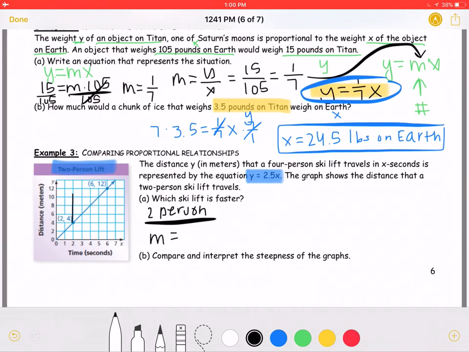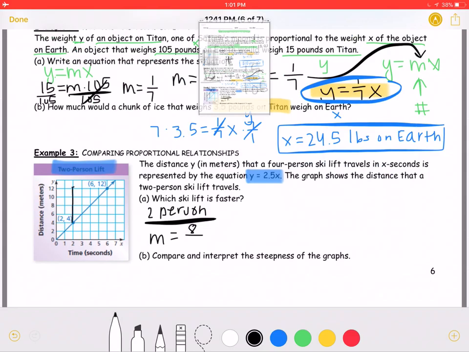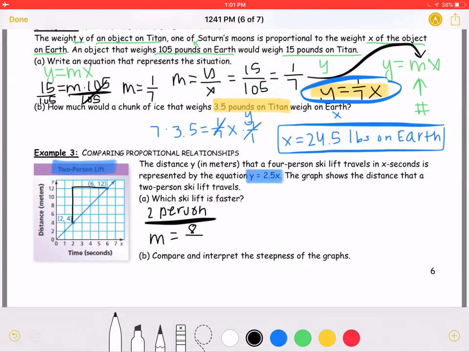I have to count 2, 4, 6, 8. So it goes up 8, and then it runs, we're counting by ones again, so I can count 1 now. It goes over 1, 2, 3, 4, which means our slope is 2. It's traveling 2 meters per second.